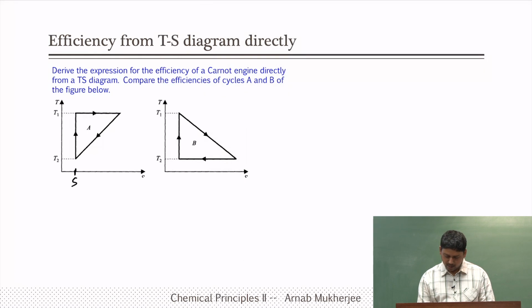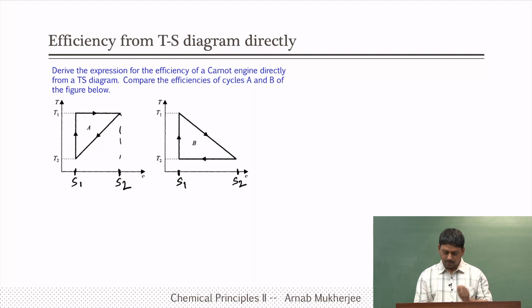This is S1 and the value corresponding to this is S2. For this also S1 and S2. Temperature is also mentioned, and everything is mentioned. Now let us calculate for cycle A. As you can see, if I start from here to here, there is no change in entropy.